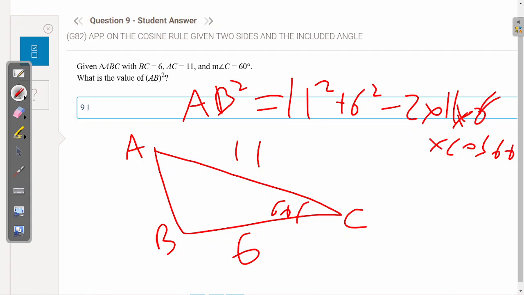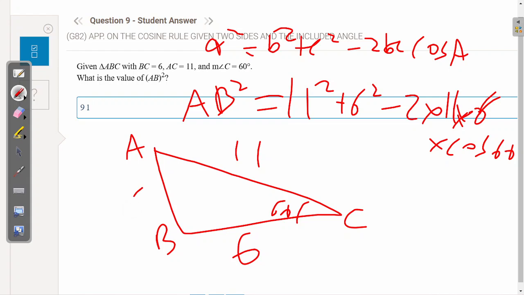Remember the cosine rule is a squared equals b squared plus c squared minus 2bc cosine A, where A is the angle opposite to it. So for AB it's 60. Anyway, if you do this on the calculator, you're gonna get 91.